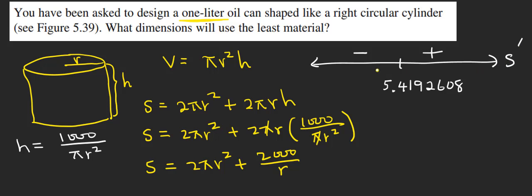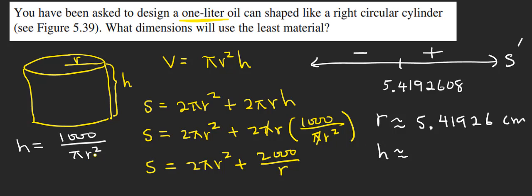So using the S prime chart, you know that the surface area is minimum when R is 5.4192608. So R is approximately 5.41926 centimeters.